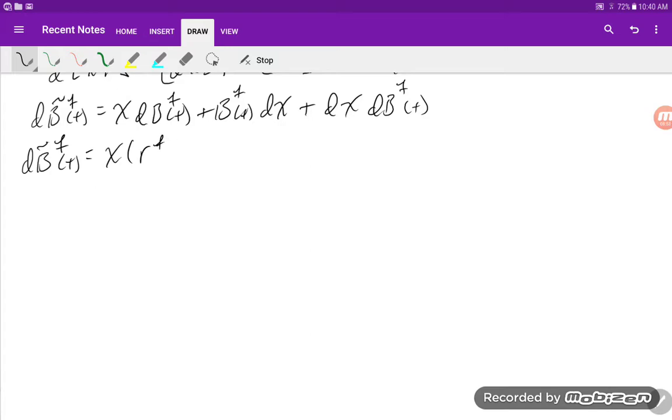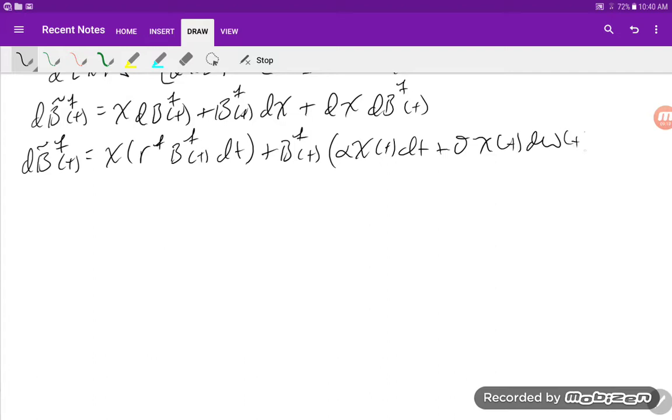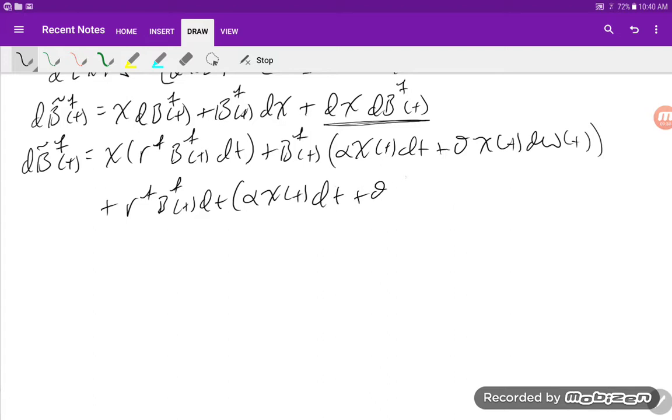So now I'm filling in d bf dt plus bf, and now I'm going to fill in dx: alpha x t dt plus sigma x t dwt, and then we need this cross term. It's going to be plus rf bft dt times alpha x t dt plus sigma x t dwt.